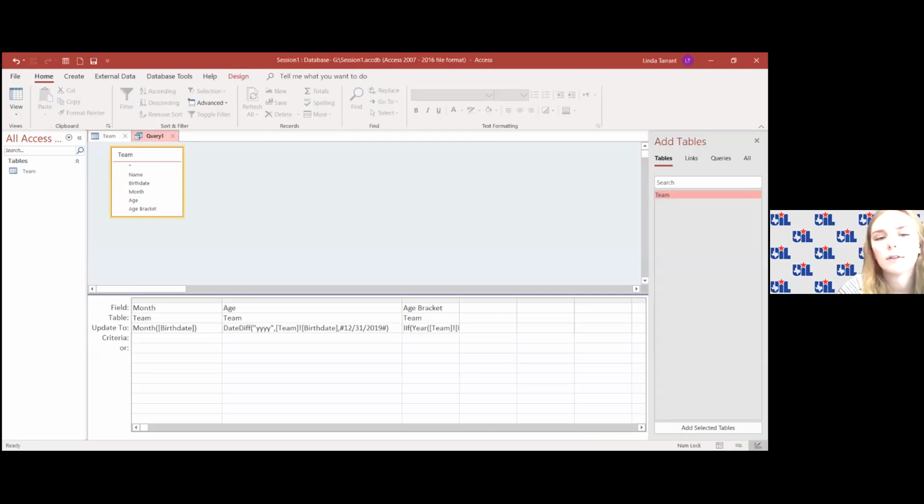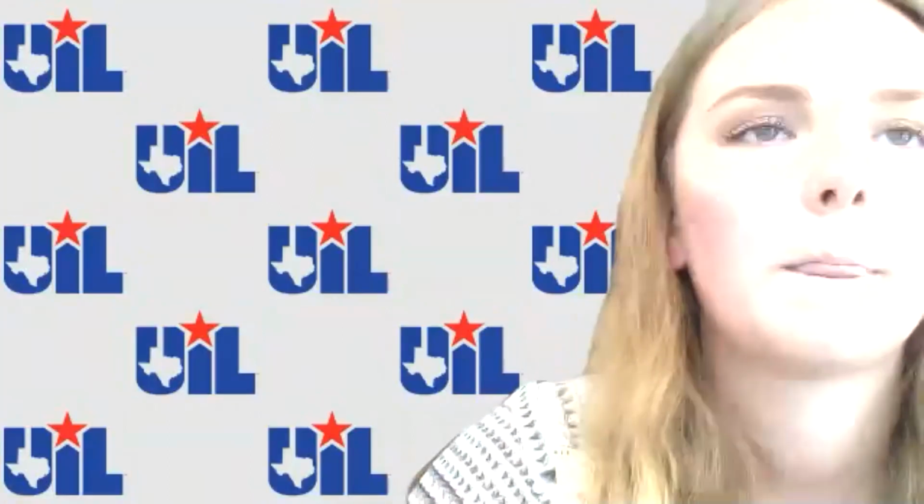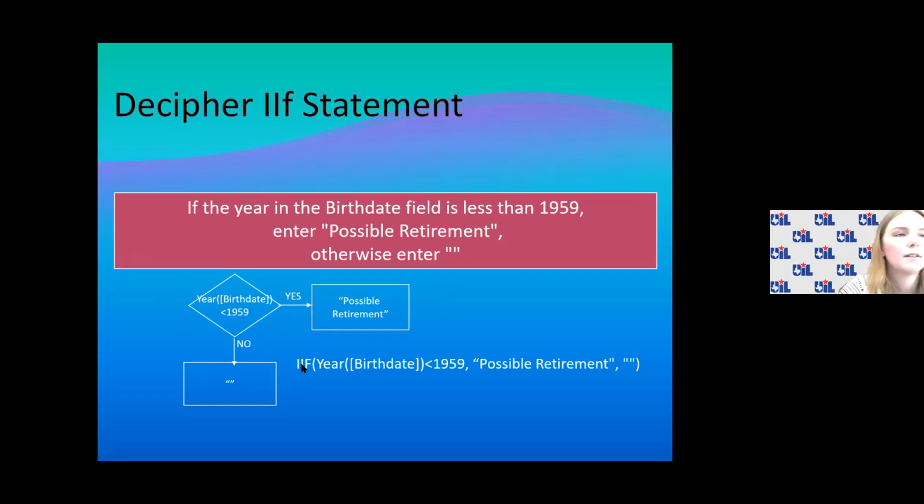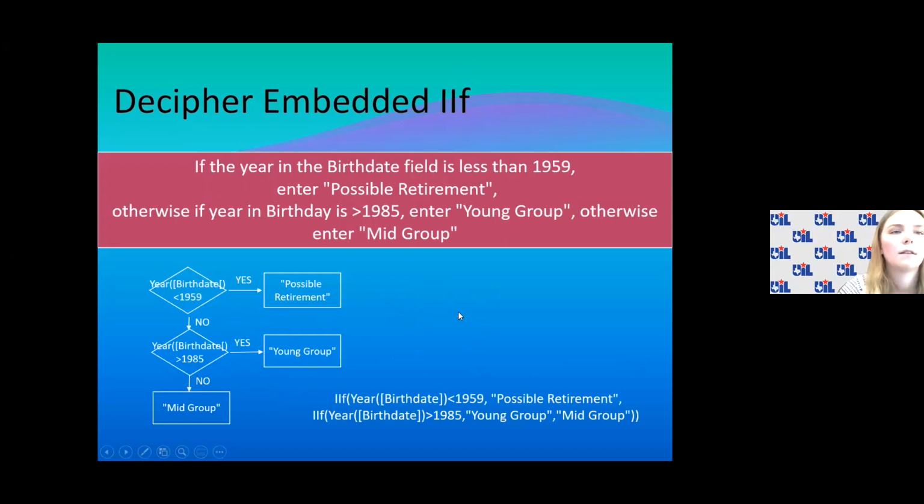And we'll go back to so this was our decision parameter. If yes, they're up for possible retirement. And so the next part, we're going to see what if this is no. There you go.